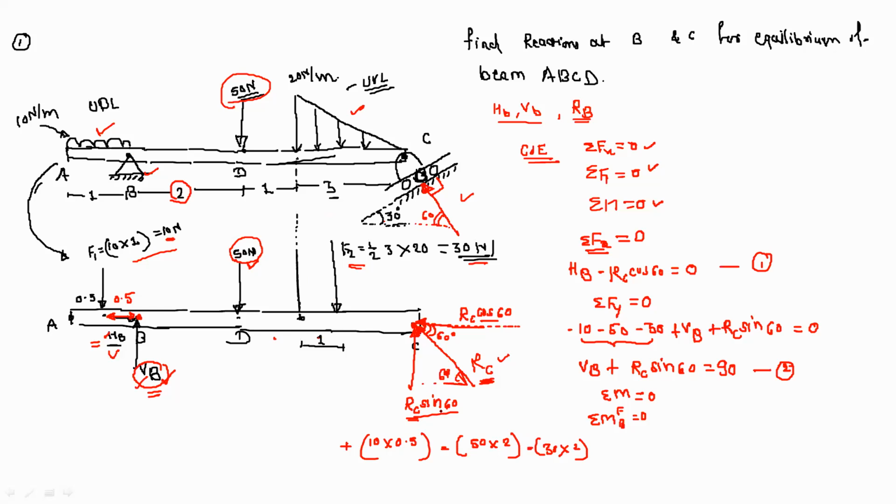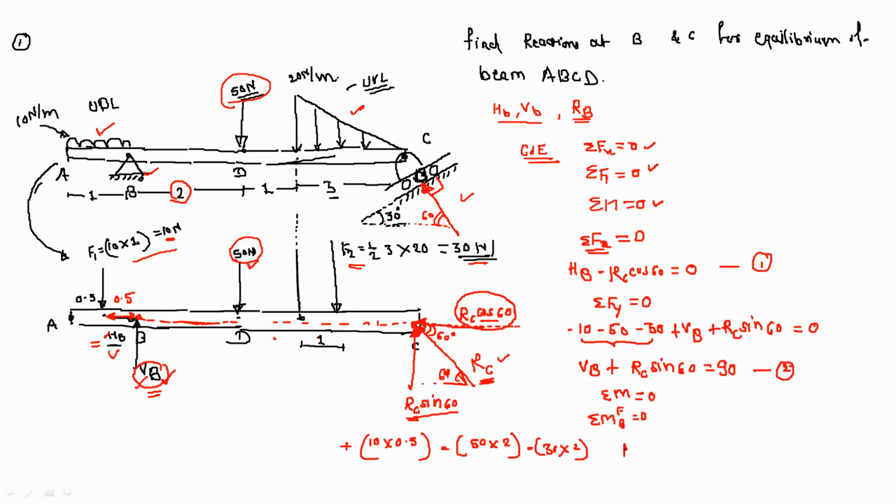Next is RC sine 60 and RC cos 60. For RC cos 60, the line of action passes through the point B. If I extend this line of action, it will pass through this point, so moment will be directly 0 because there is no perpendicular distance.